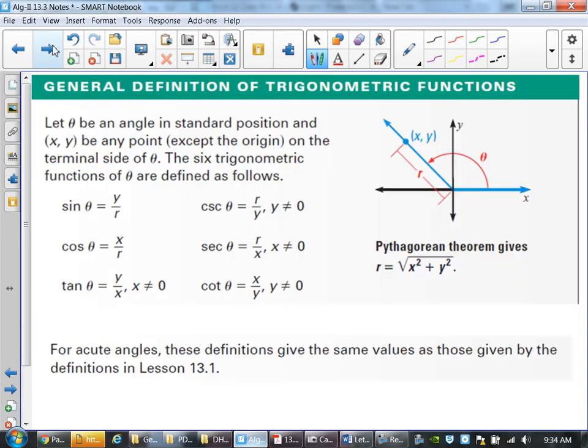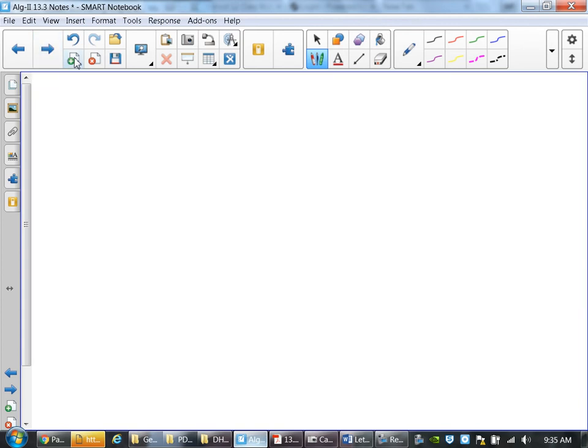But sometimes you're going to be working with this. And I'm going to rewrite this to make it look a little bit cleaner. If you take any point and put it into a quadrant, just picking some random ordered pair, we're always going to draw a terminal side to the origin coming up like this.